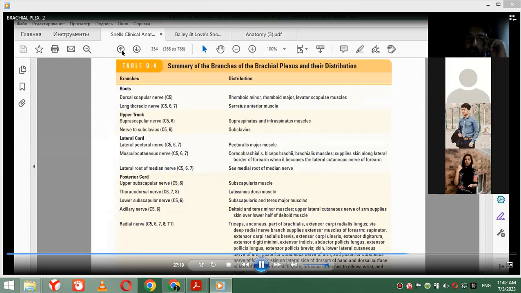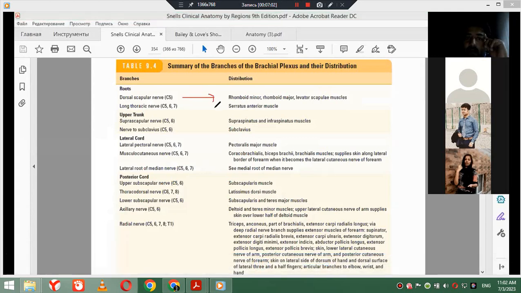And here, dorsal scapular nerve supplies rhomboid major and rhomboid minor. Long thoracic nerve supplies serratus anterior; damage results in winging of scapula. Suprascapular nerve supplies supraspinatus and infraspinatus. Nerve to subclavius supplies subclavius muscle. Lateral pectoral nerve supplies pectoralis major muscle.